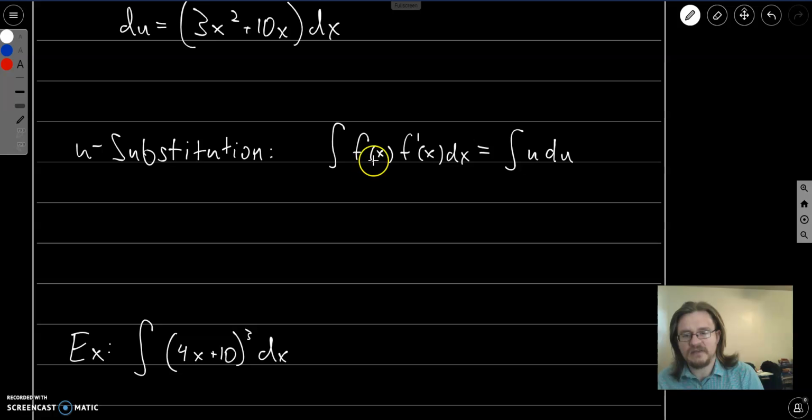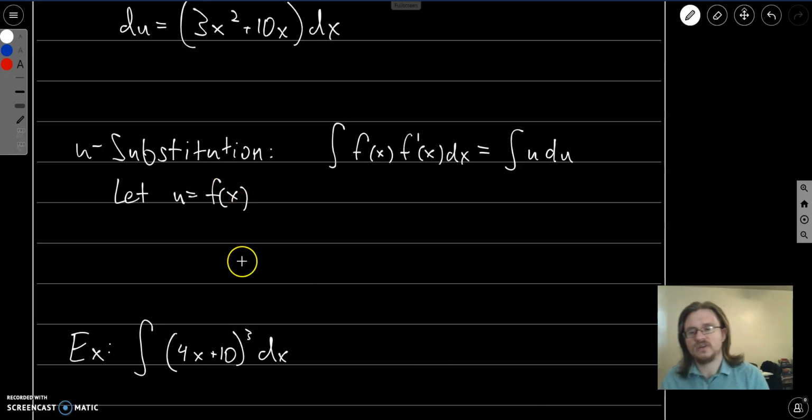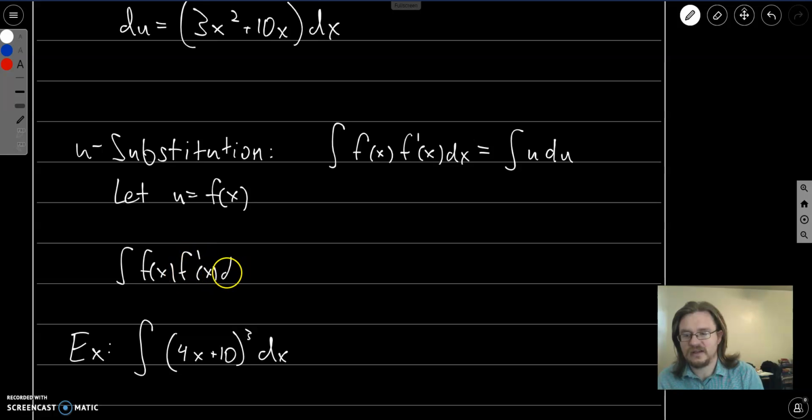Well, I've got f of x out front. So what I'm going to do is say let u be the same thing as f of x. So I'm going to substitute u in for f of x in here. So the derivative of f of x, f prime of x, dx. Well, if u is equal to f of x, I can substitute that in.